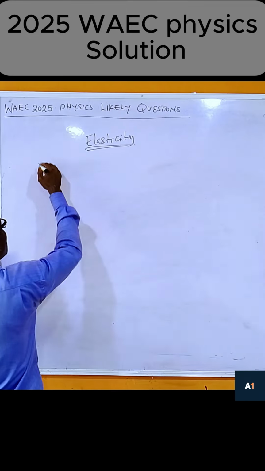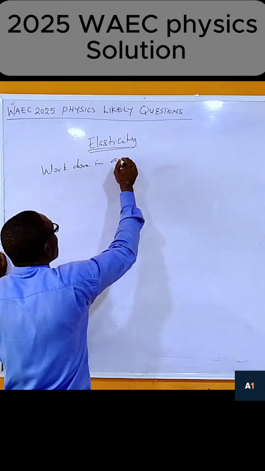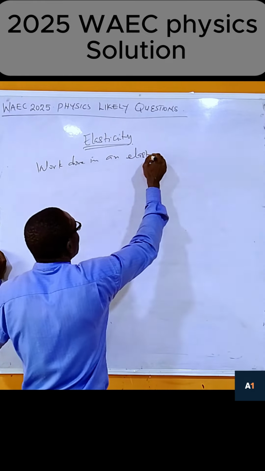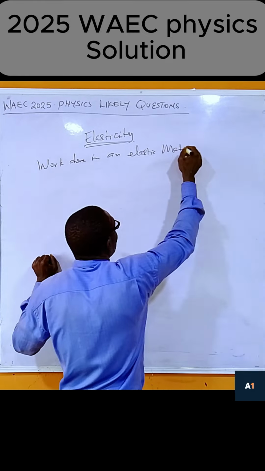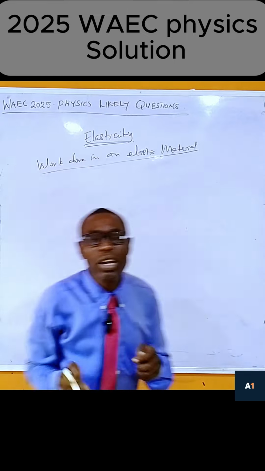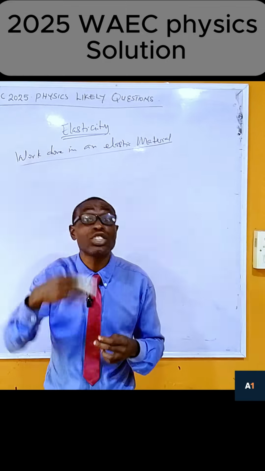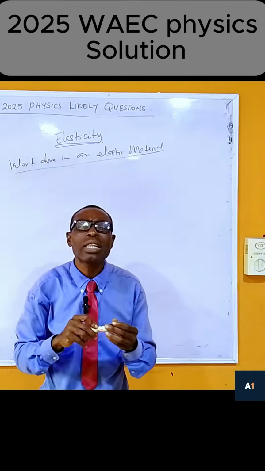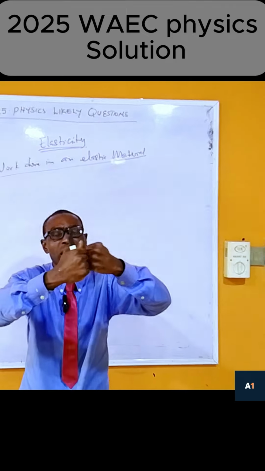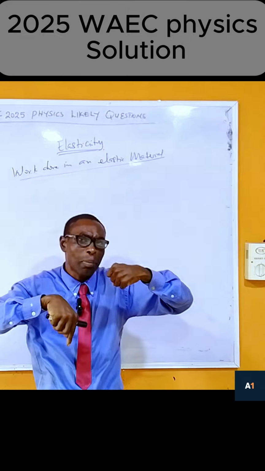Work done in an elastic material. Now you know that from mechanics, we say work is said to be done when the point of application of force is moved. What I'm saying in essence is this: when you stretch a spring, it will extend, which means what you apply to extend it is force.